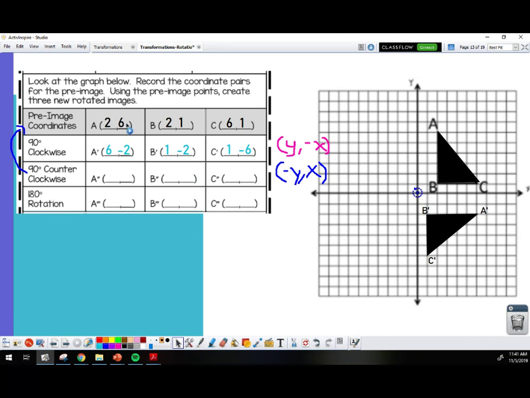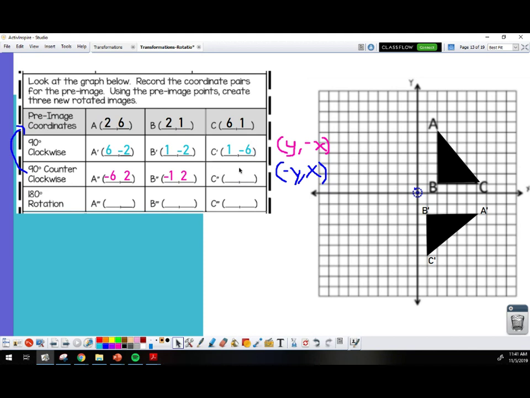So we're going to take the opposite of our y, so that 6 is actually going to be negative 6, and our original x is 2. So our new coordinates would be negative 6, 2. For B prime, opposite y would be negative 1. Take your original 2, so you get negative 1, 2.